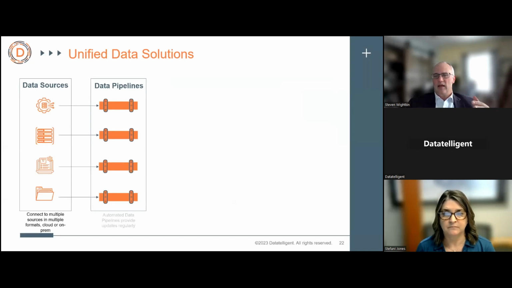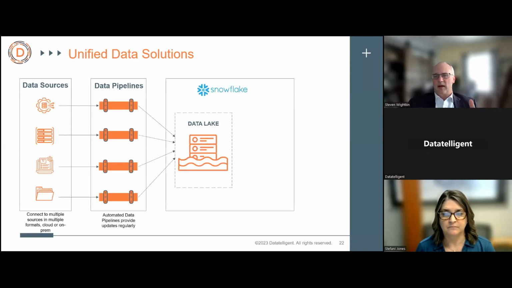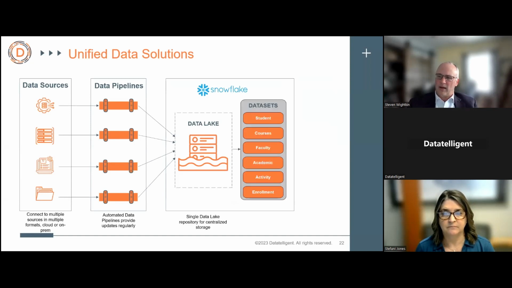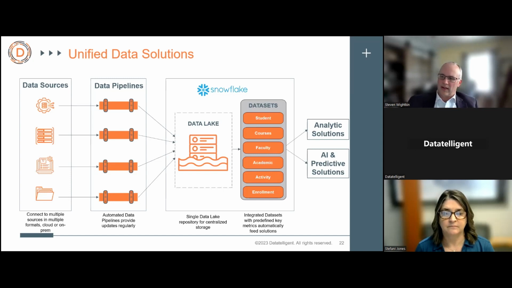All these things are pulled in through data pipelines into Snowflake, the tool we use for our data platform, into what we call a data lake. That's your single repository. Then we build your data sets off those data lakes, combining data that's important from the various source systems, from your LMS, your SIS, et cetera, that then drive your AI solutions or your analytic solutions.